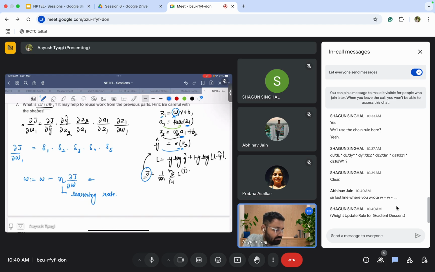Suppose this is your loss surface, and what we are trying to do here is get to the minima, right? So we are doing some sort of gradient descent. The objective is, how do I change my W such that my loss is minimum.